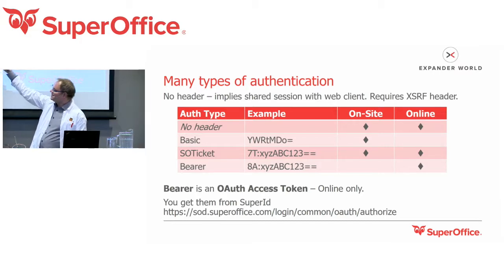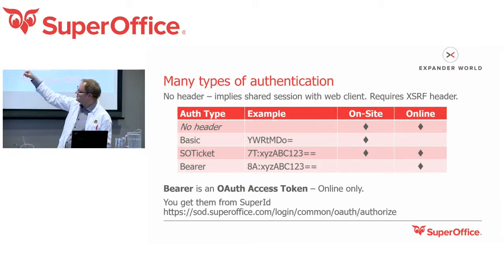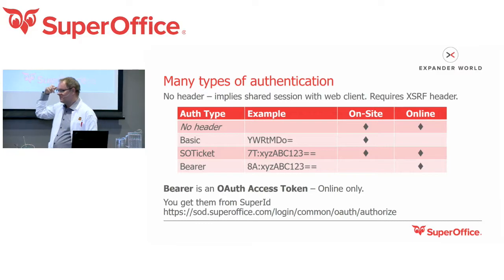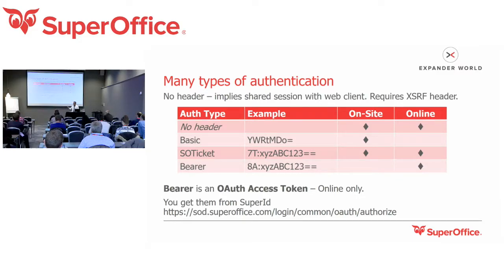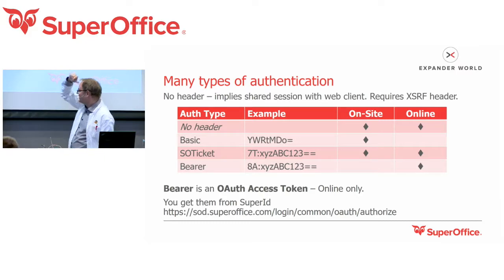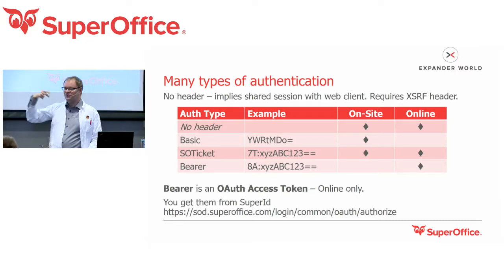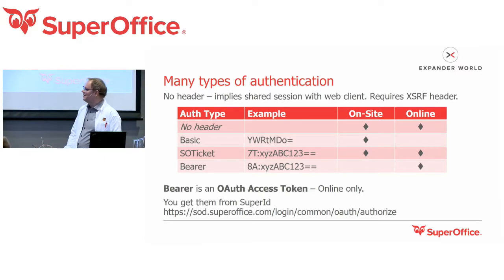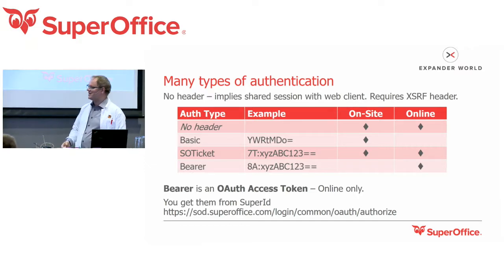For most other cases, there's basic authentication where you base64 encode the username and password. That works for on-site. It's not allowed in online. They would like you to use OAuth access tokens in online. That means you go through SuperID and get an access token from that.